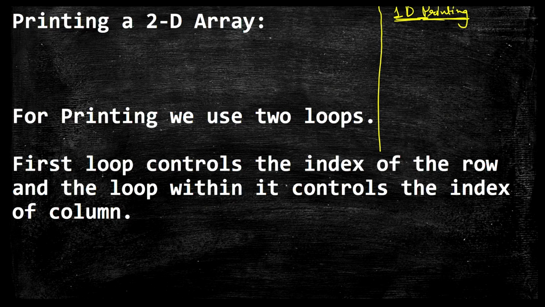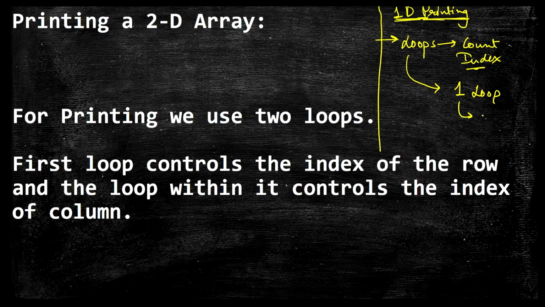For printing a 1D array, we used loops to control or count the index. For a 1D array we had only columns, so we ran only one loop because there is only one index, right?